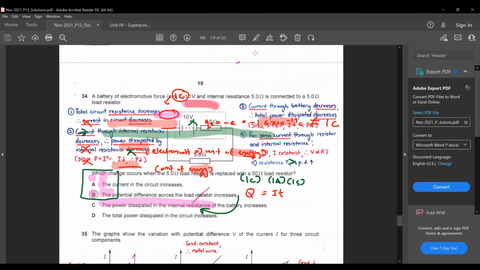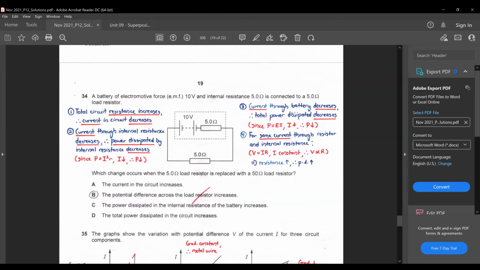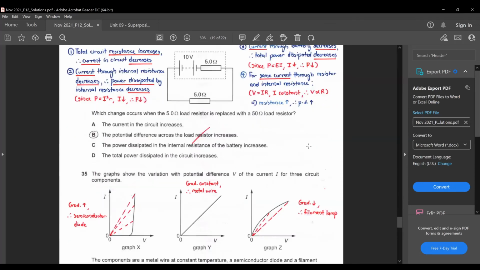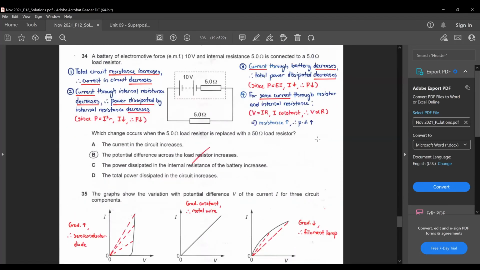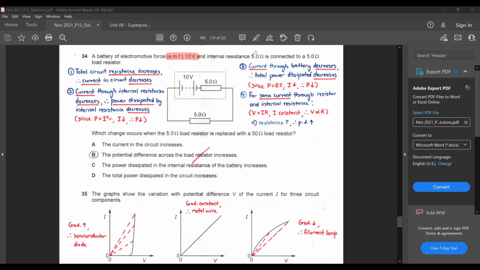Okay, then we move to 34. You have a battery of EMF 10 volts and internal resistance 5 ohm that's connected to a 5 ohm load resistor. Which change occurs when the 5 ohm load resistor is replaced with a 50 ohm load resistor?